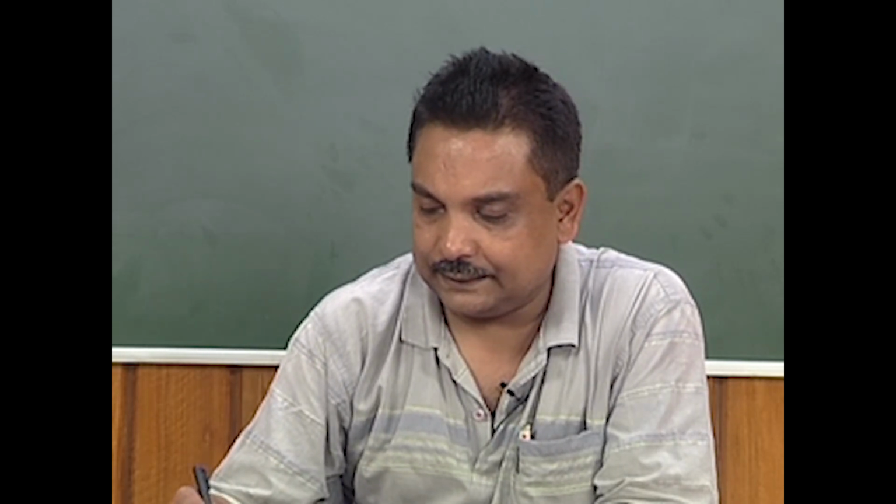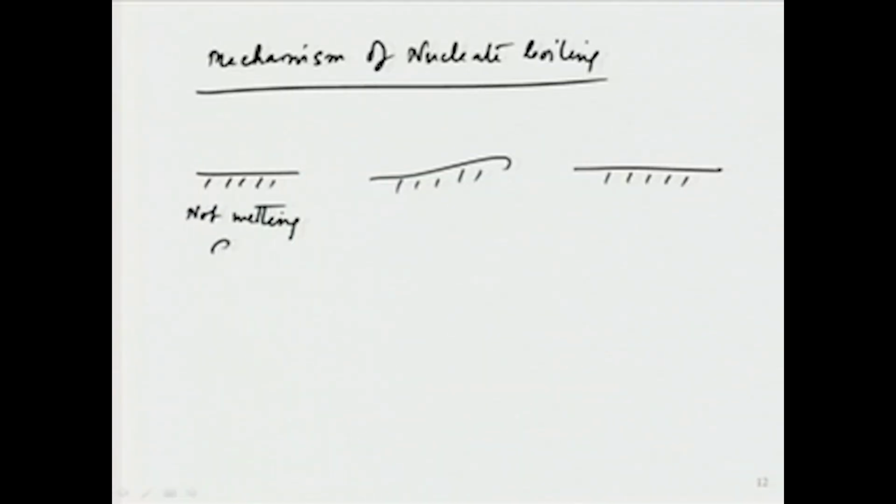I will write three different types: this is, say, the non-wetting surface, this we can say the partially wetting surface, and the totally wetted surface.